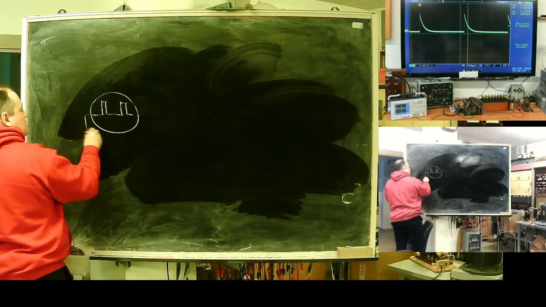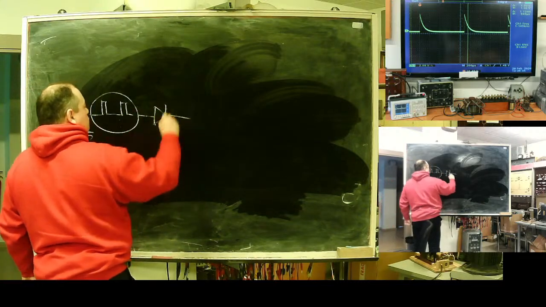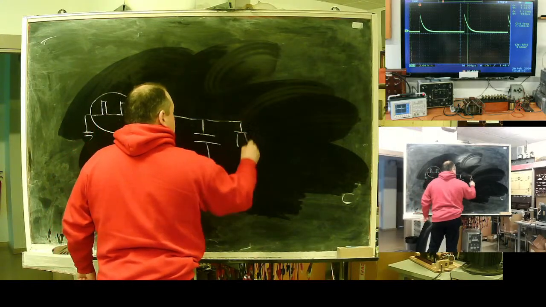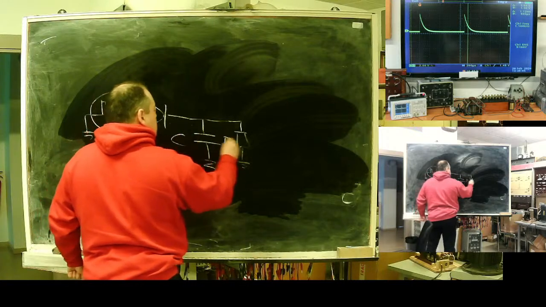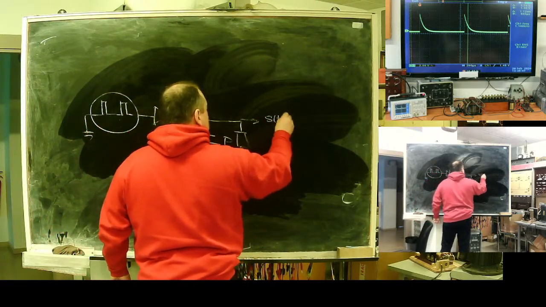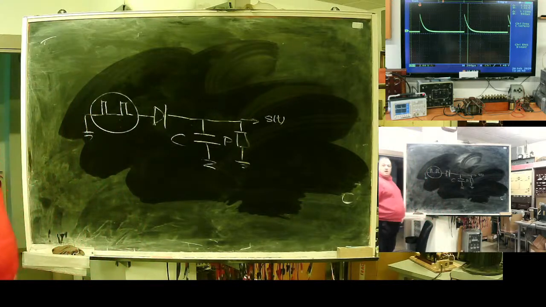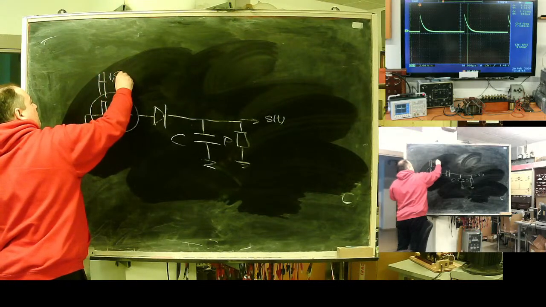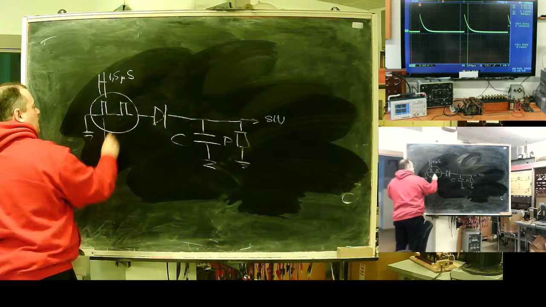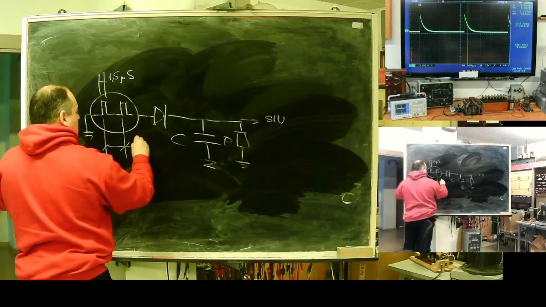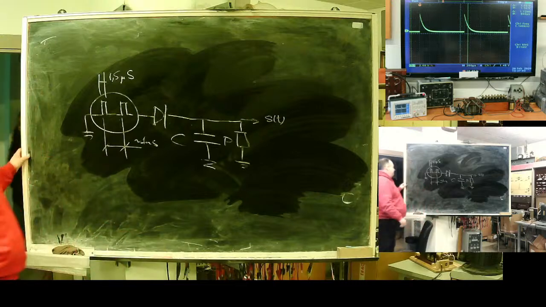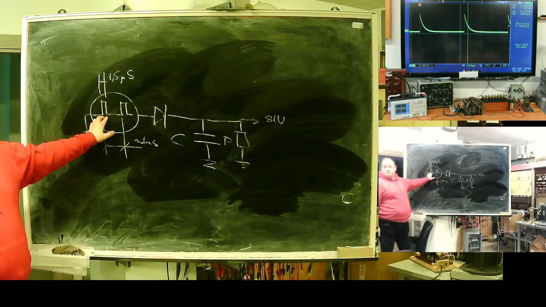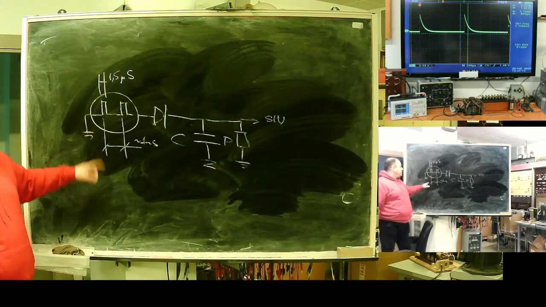I have something like this, connected to the diode, to the capacitor, my resistor, and this will be the output signal. How does it work? This one is 1.5 microsecond, and the timing is somewhere around 1 millisecond. A short pulse, approximately 1000 times shorter than the period.